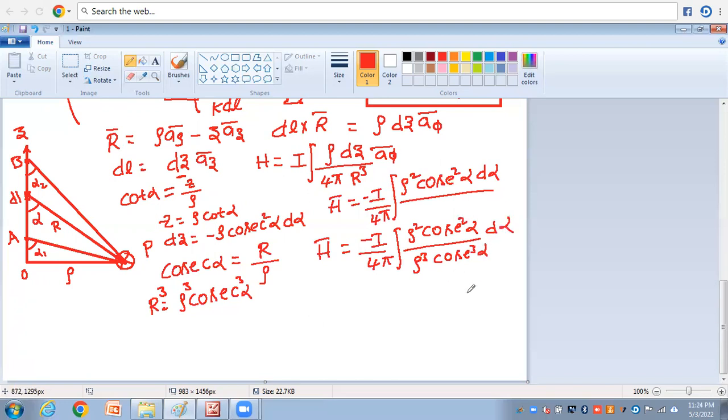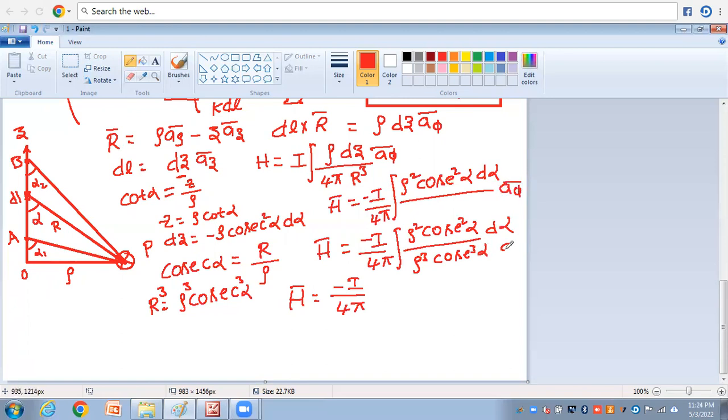This rho square and rho cube finally get cancelled. The resultant is H bar equal to minus I by 4 pi rho, with limits, and a phi bar is also very important.